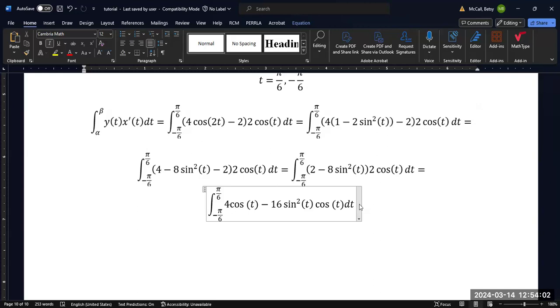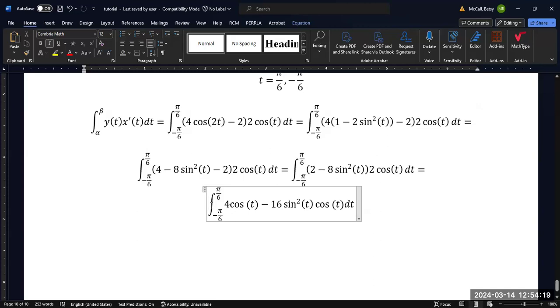Now, one other thing that we can do is that both of these functions are even. This is an odd function, but squared, and squared functions are even. And this is even. Cosine is even.